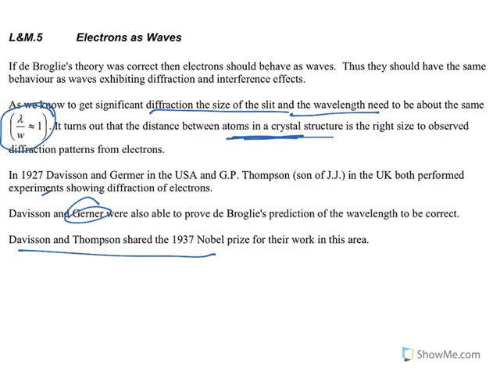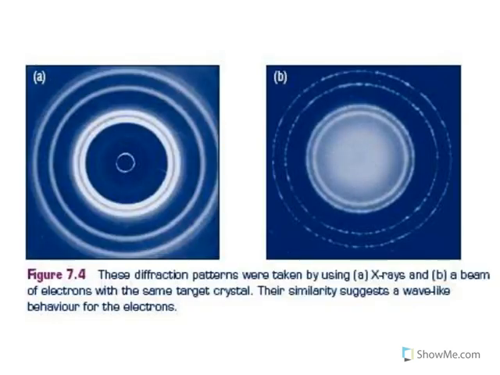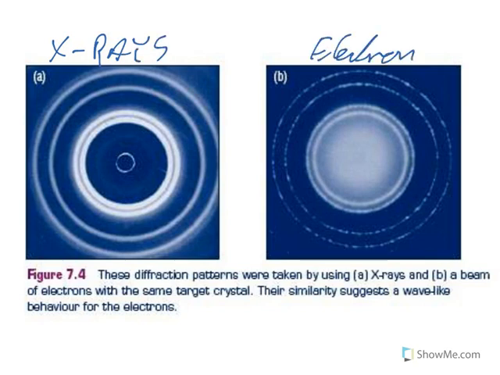So what does it look like? Well, it looks like this, and this is in your notes. Here's some diffraction from the same crystal. The one on the left is X-rays, and the one on the right is electrons, both fired at the same crystal.